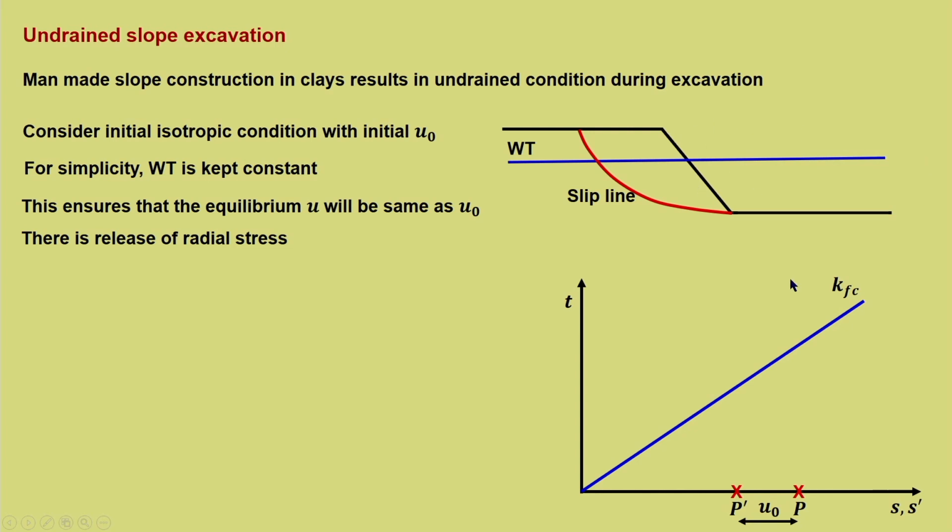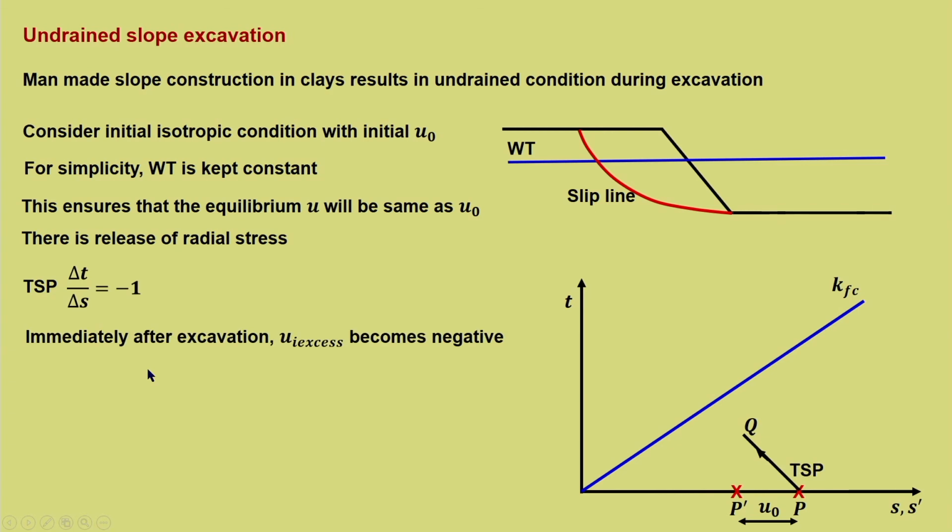So, here it is a typical case of release which is happening. So, TSP, that is the slope of the total stress path, delta T upon delta S, will be minus 1. So, it will be in the reverse direction with a negative slope. Let it be PQ, which is the TSP.